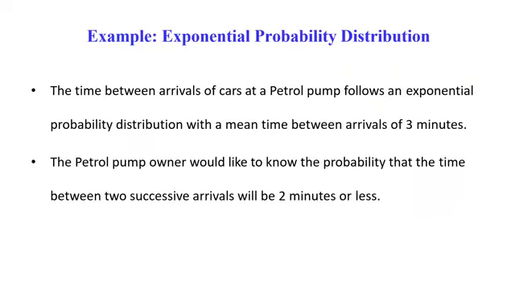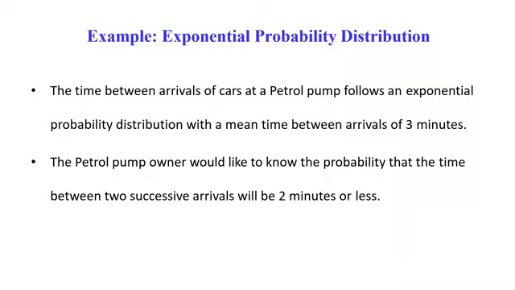Okay. Here, what example have we taken? Here we are calculating the probability that two successive arrivals will take 2 minutes or less. So here the time can take any decimal value.